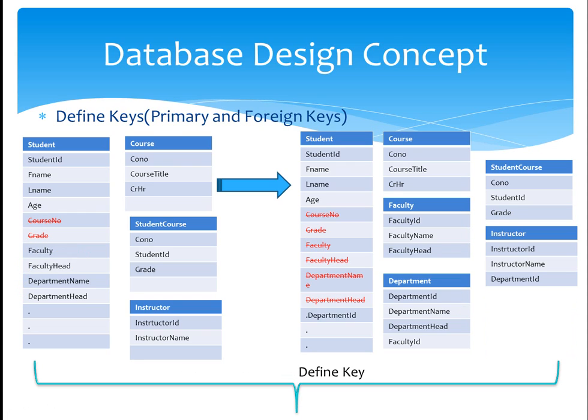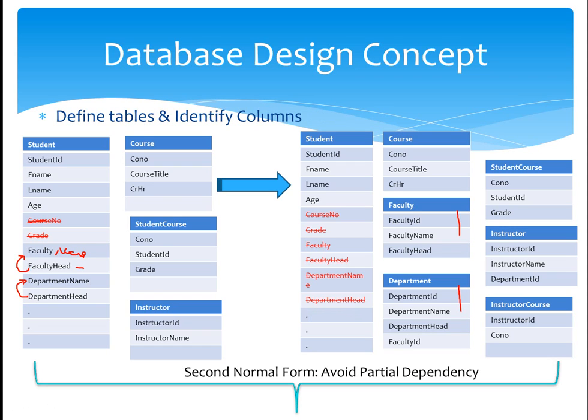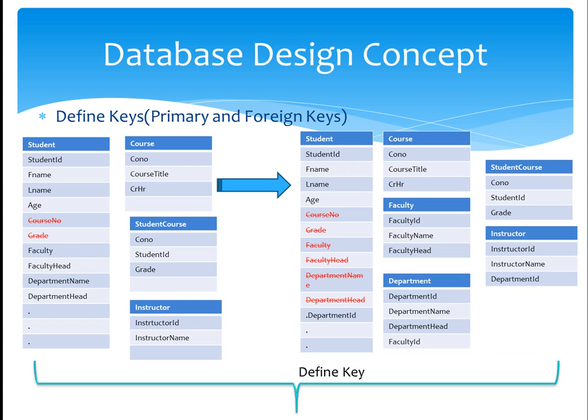Now the next one is defining keys. Okay, after we do this, actually there are different normalization techniques. Third normal form is there, that is transitive dependency, but right now we'll just focus only on this one. Once we avoid the partial dependency, we have to create keys for every table. Key means unique identifier for a table. In the student table, the key is student ID.